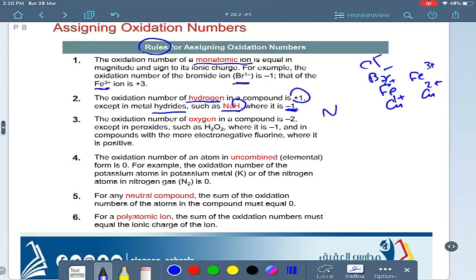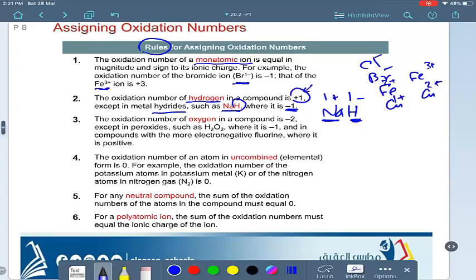Why? Because in NaH, the Na here is positive 1, so hydrogen must be negative 1, and you saw sodium comes first. So hydrogen in hydrides is negative 1. Only this case for hydrogen. Other cases for hydrogen is positive 1 all the time.